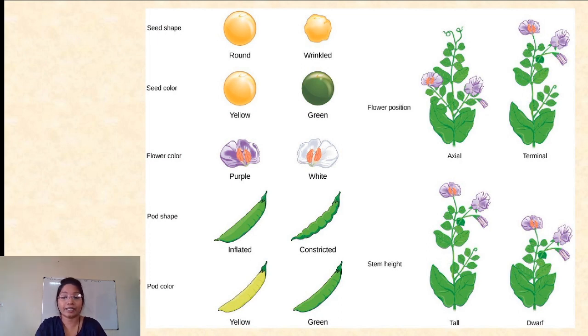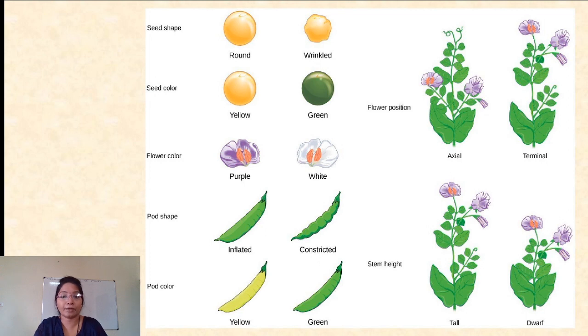In that there are 7 characters such as seed shape, seed color, flower color, pod shape, pod color, flower position and stem height. If you observe it, each character shows two forms.